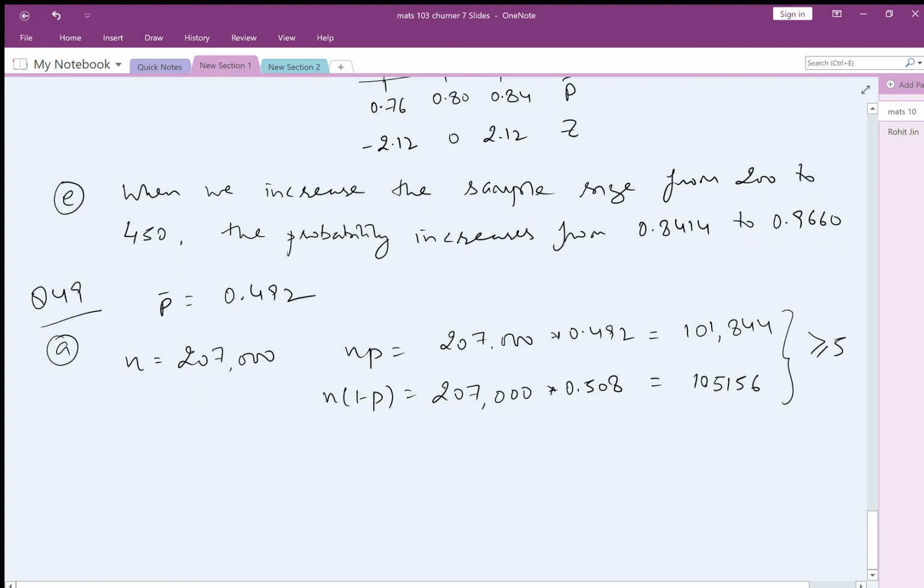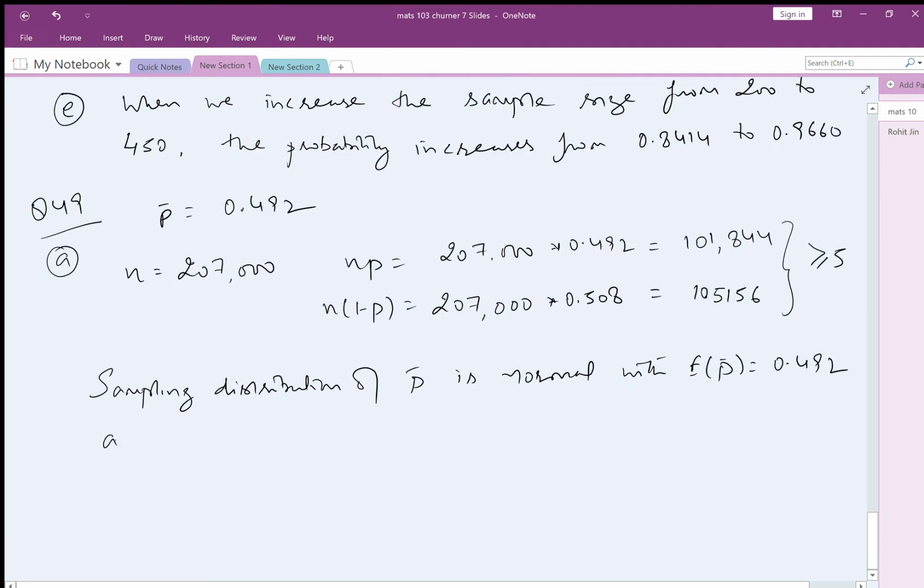So they are both more than or equal to 5. So we can say the sampling distribution of p bar is normal with the expected value being 0.492, and standard error sigma p bar is equal to the square root of p times 1 minus p divided by n.